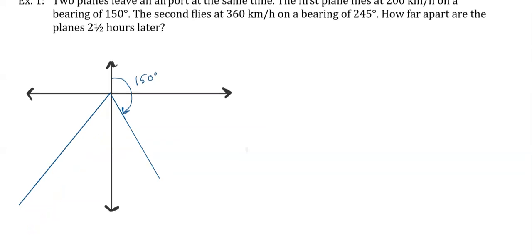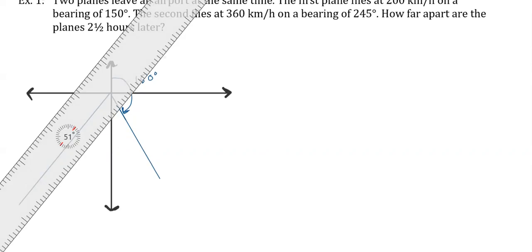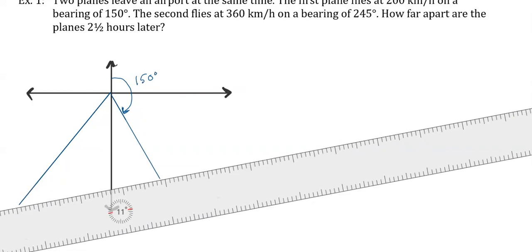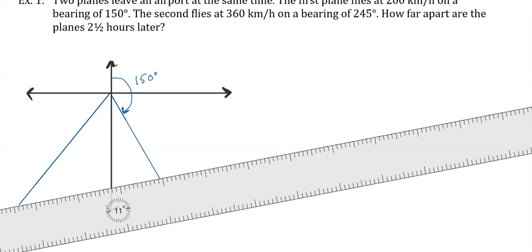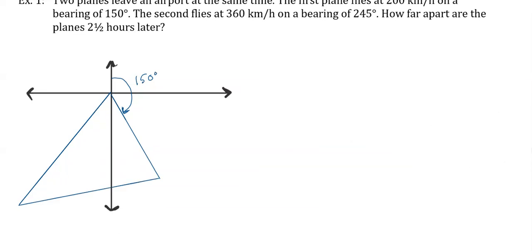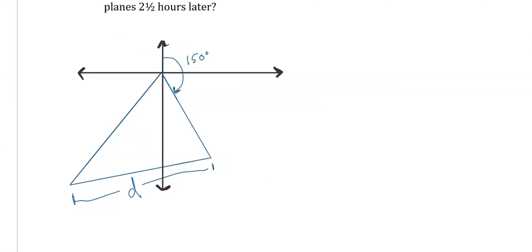And then it says, how far apart are the planes 2.5 hours later? So I am going to connect these two lines, and that is what I'm going to solve for. Zach, how did you find those numbers? Distance is speed times time.